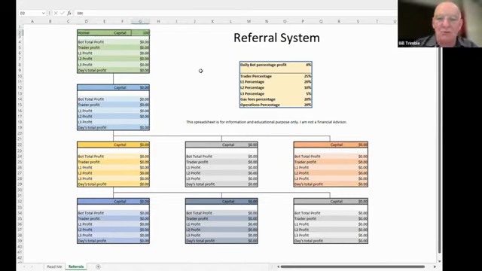Now I'm going to use 1,000 because it makes the numbers easier. And let's say on his first day of trading, the bot makes a whopping 10%. So the bot trades his capital and it makes 10% that day.